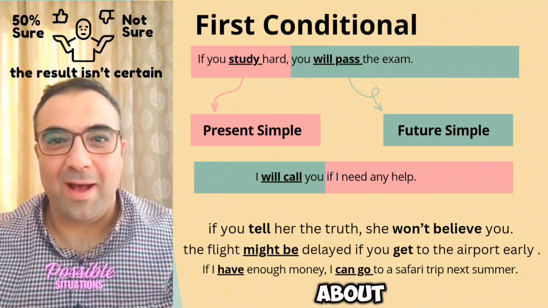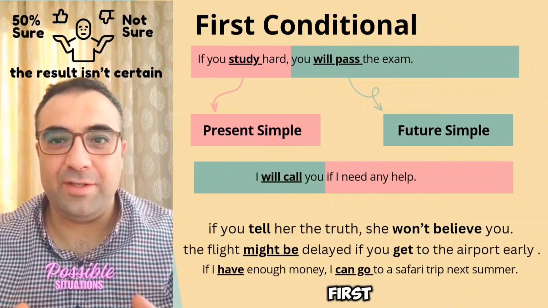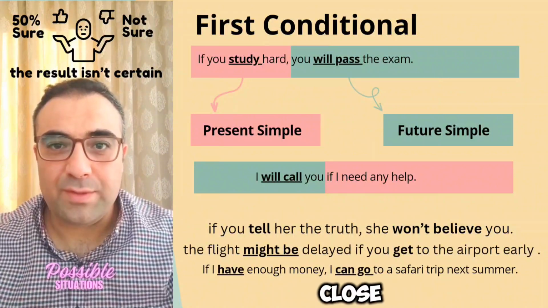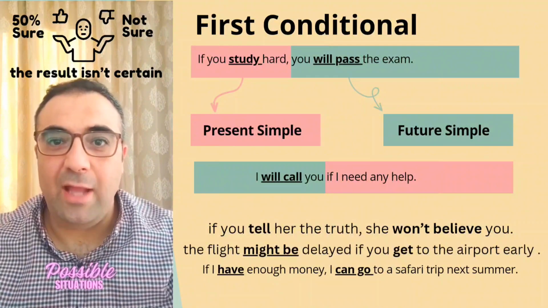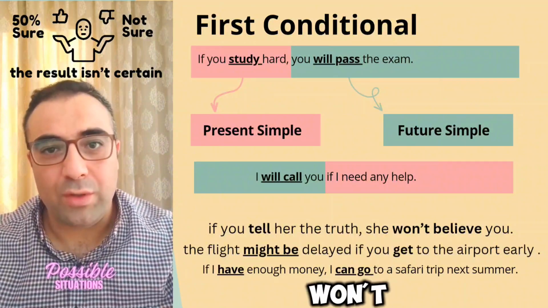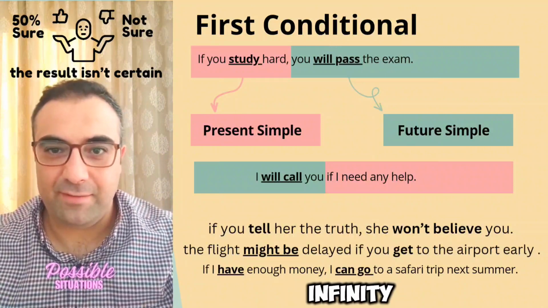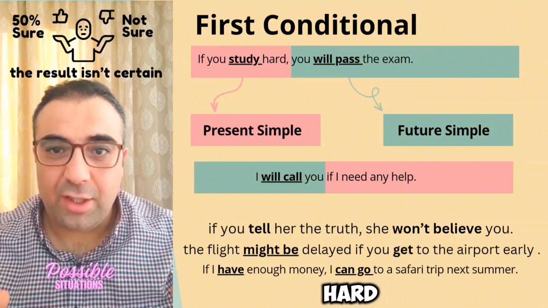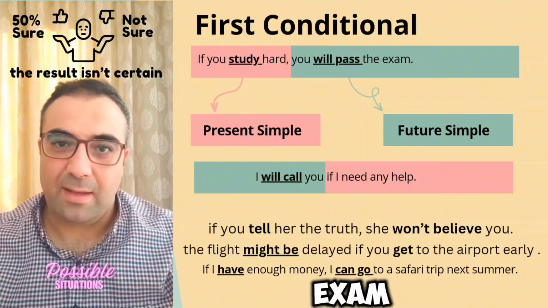Now let's talk about the structure of the first conditional sentences. We form the if clause with the present simple, and we form the result clause with will and infinitive. Let's take an example. If you study hard, you will pass the exam.